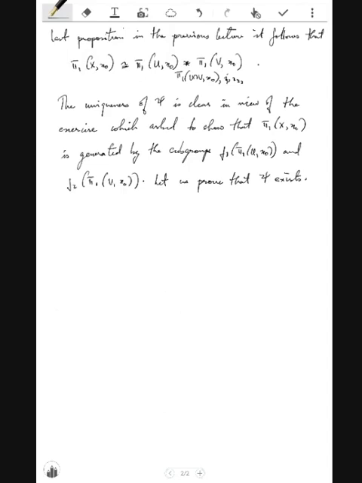So we need a definition which we have already seen implicitly, but let's just make it explicit. Let Y be a topological space and let f from [0,1] to Y be a path.